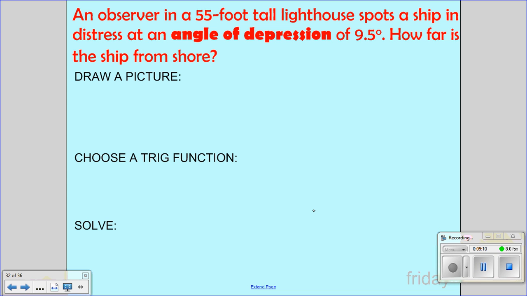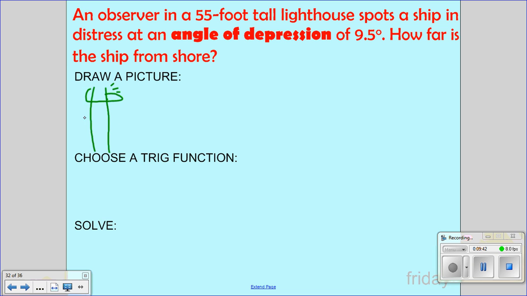All right, and the next one says, an observer in a 55-foot tall lighthouse spots a ship in distress at an angle of depression of 9.5 degrees. So I'm going to have a lighthouse, okay, with my light coming out.